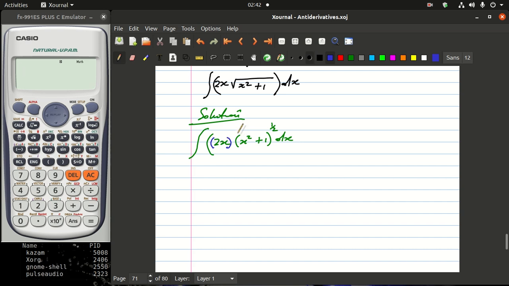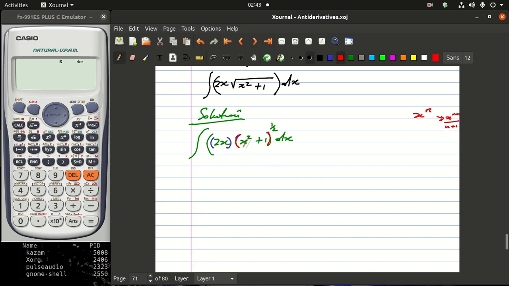But if I were to focus on this part alone, which is x squared plus 1 raised to 1 over 2, I can't find its integral, because the only thing that I know that revolves around this is when I have x raised to the power n, because its integral is x raised to n plus 1 divided by n plus 1. I know how to deal with that.